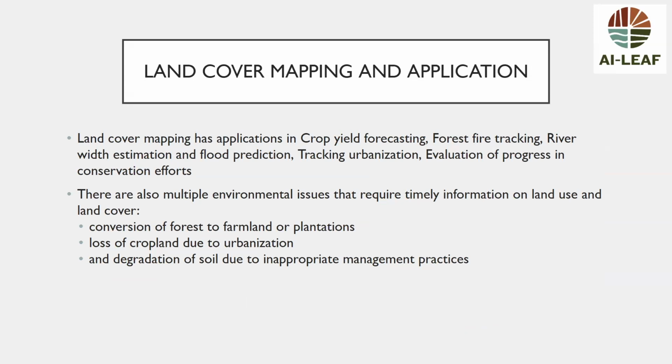You're just trying to figure out what's going on the ground, using satellite images. Most of these try to tackle environmental issues. So we require timely information on land use and land cover to make sure that we are on track with a lot of things. Some of these include conversion of forest to farmland, loss of cropland due to urbanization, degradation of soil, and all of these things.